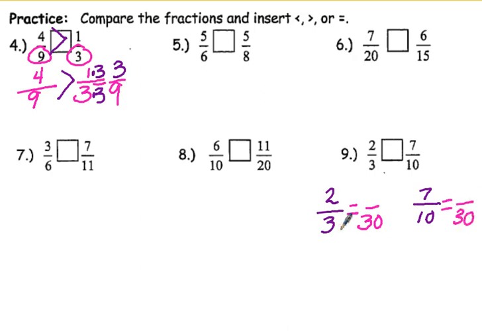So 3 times 10 would give me 30. So 2 times 10 would give me a numerator of 20. 10 times 3 would give me 30. So 7 times 3 would give me 21. We can see that 20 over 30 is less than 21 over 30. So 2/3 is less than 7/10.